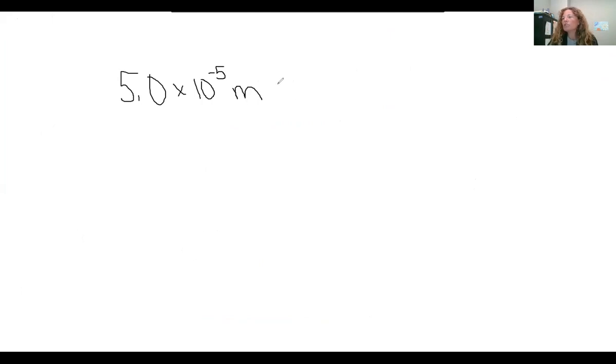And we want to change that to our new units. So here's how we do that. I'm going to rewrite it right here. Meters. When we do unit conversion, we multiply by ratios, fractions. And these are where we get our units to cancel, and we put our conversion factors in.